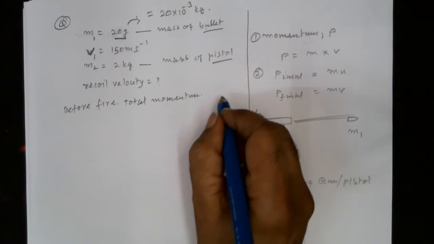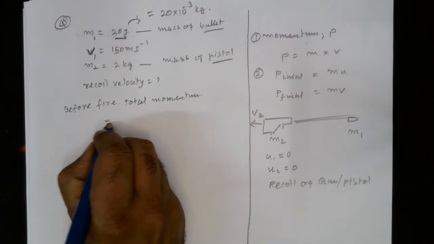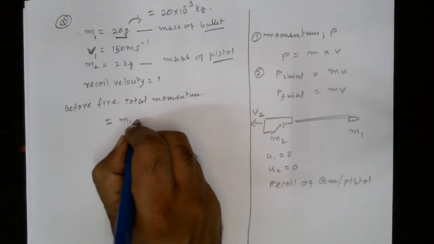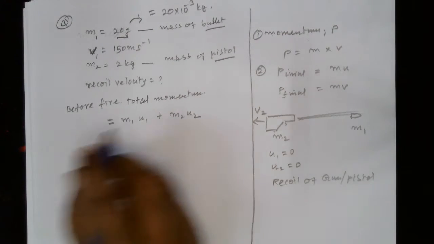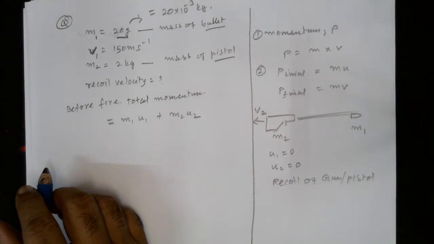Please wait. Total momentum before fire, the total momentum is equal to M1 U1 plus M2 U2. Okay, M1 U1 plus M2 U2.